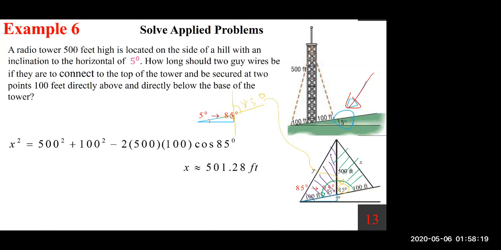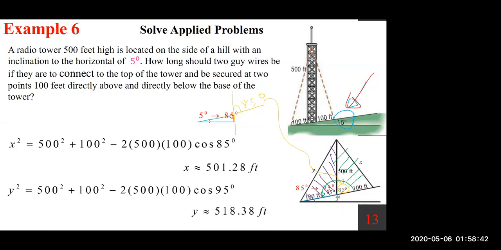And you write the same formula that you wrote. You just change the cosine of 85 to cosine of 95. And that gives you the value of y. Again, how do you calculate the y? You go through this process to calculate it, okay? And it gives us 518.38, roughly about 519 feet.